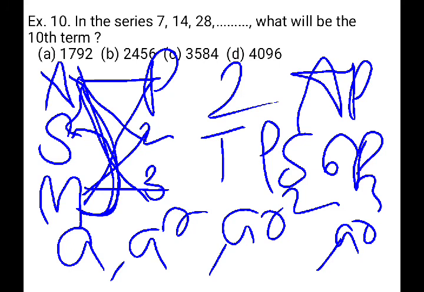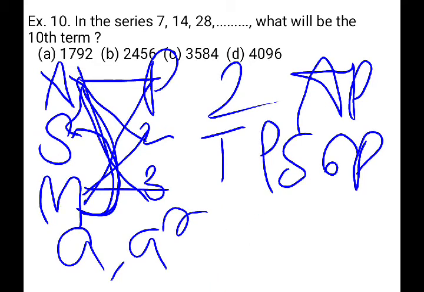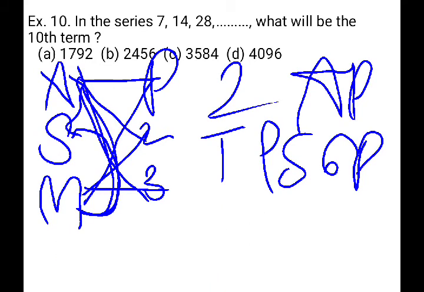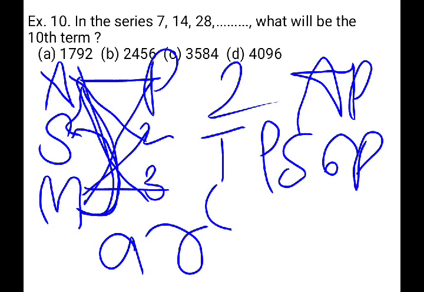When we divide them, the quotient will be R, and then AR square, AR cube, etc. Suppose you want to find the 11th term of a series, then you should write A into R power 11 minus 1, because we are including R to the power of 1 also. That is why we should write 11 minus 1.